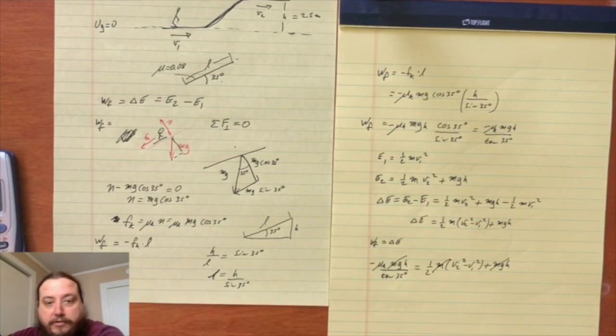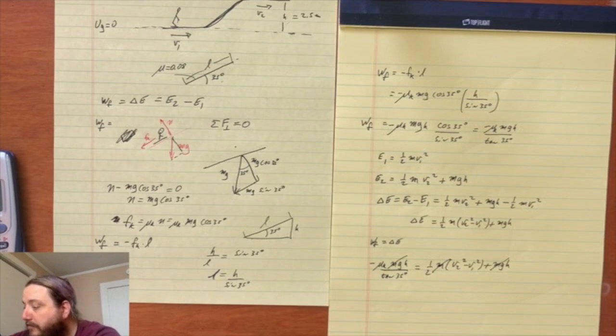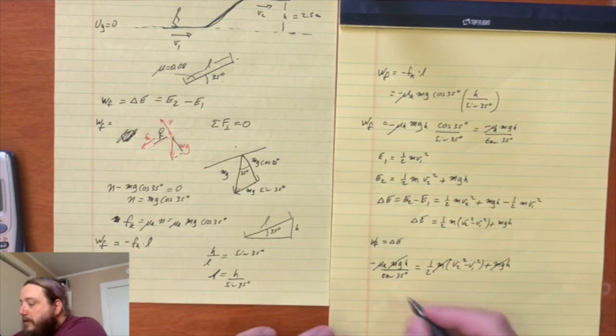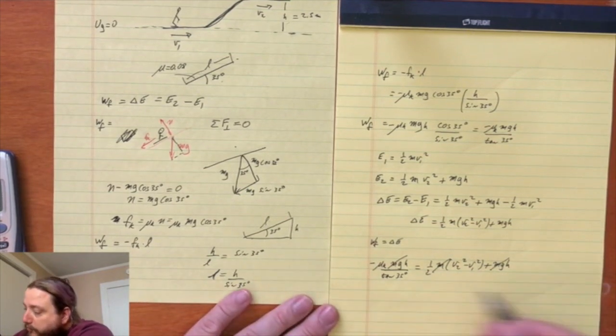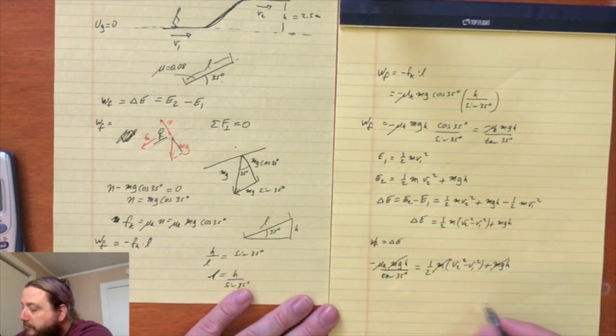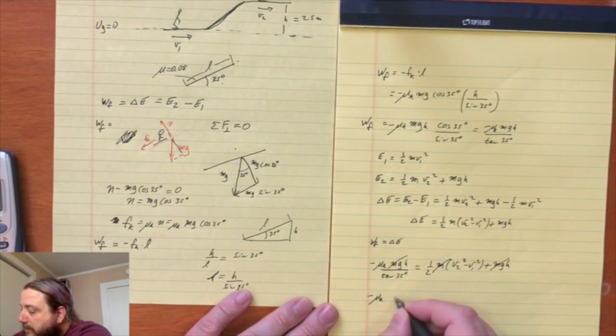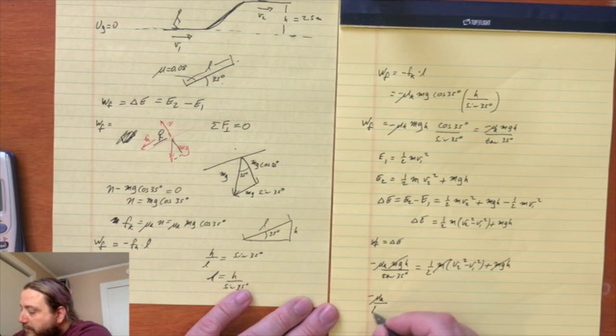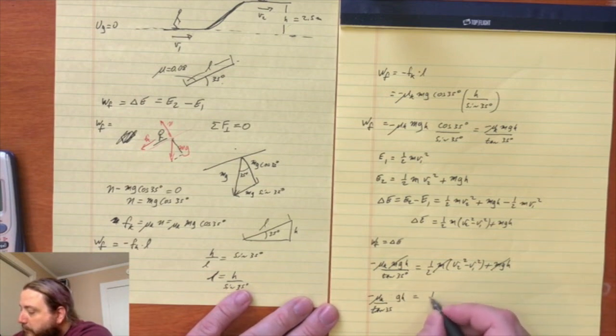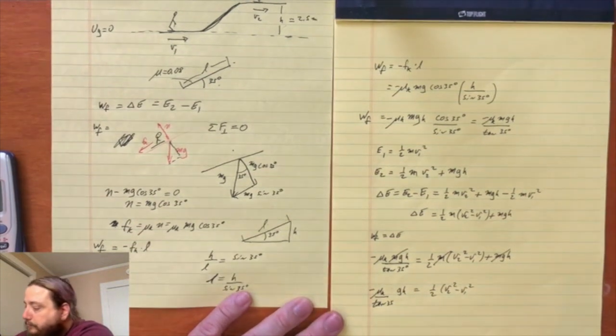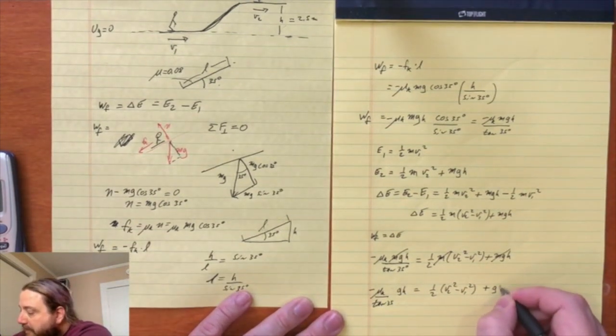And what is it we're looking for? We want to know her final velocity at the top of the hill. We're looking to solve for v2. So we need to move the other terms over. This is minus mu k over the tangent of 35 times gh, equals 1/2 (v2 squared minus v1 squared) plus a gh term over here.